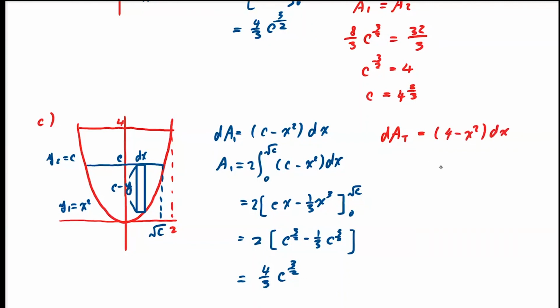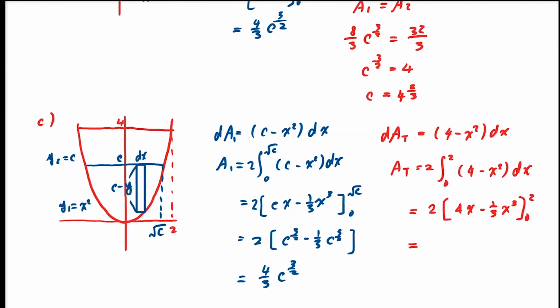So my total area is still doubling it from 0 to, instead of square root c, I go up to 2 now. 4 minus x squared dx, and that is 2 times 4x minus 1/3 x cubed from 0 to 2.